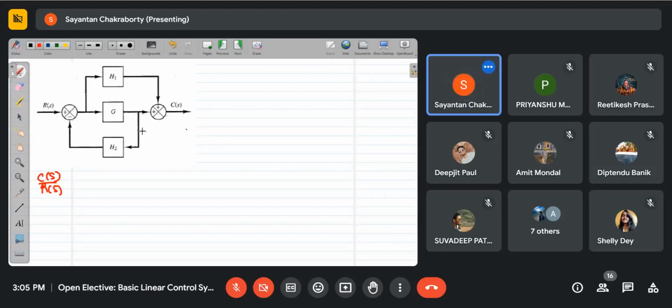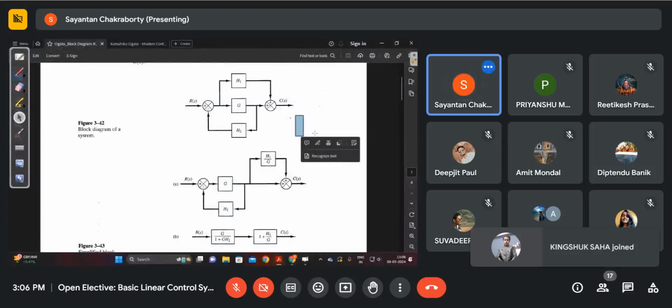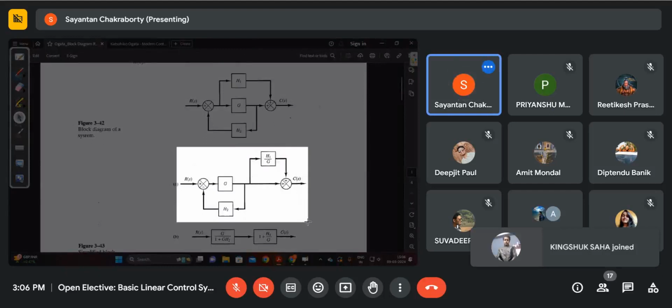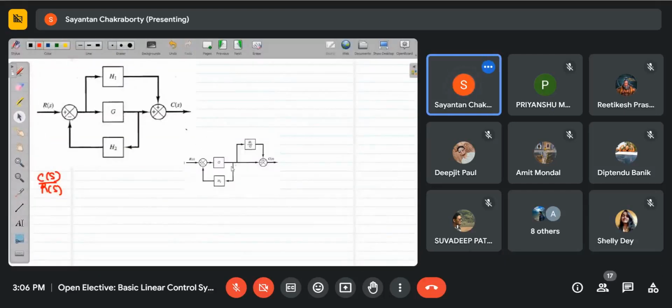So either you have to bring this before this and get this after this, or vice versa. Just to have the block diagrams in a standard feedback form, what we can do is recast this problem in this form.